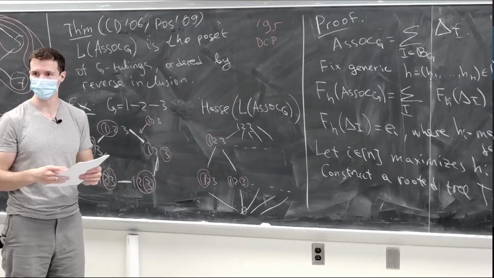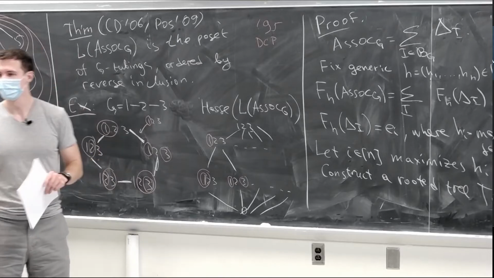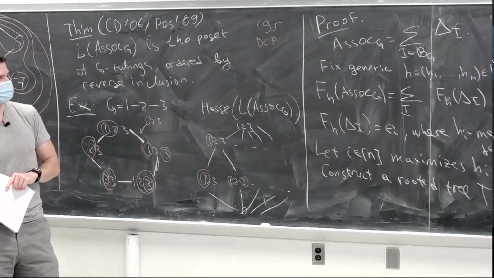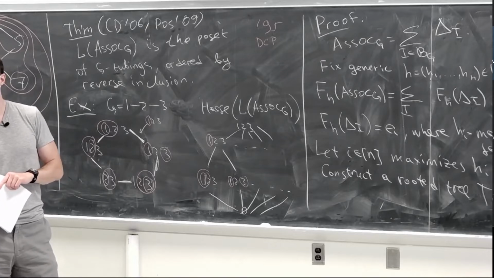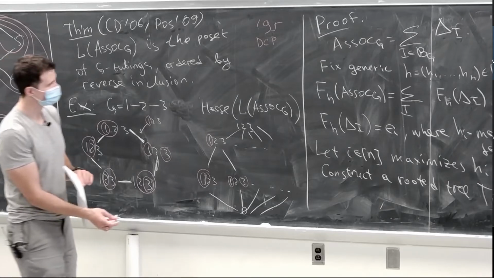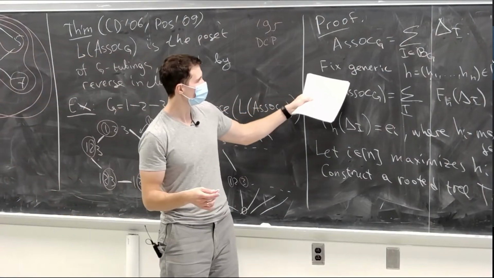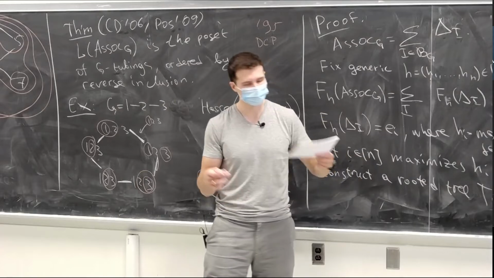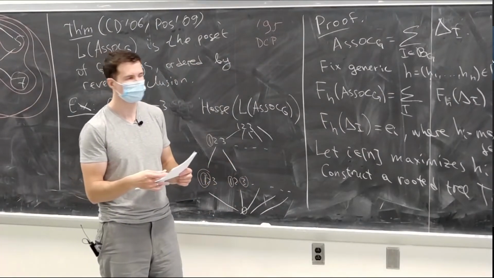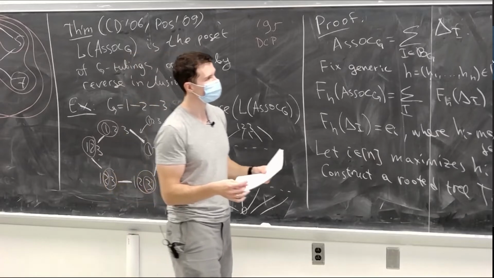Any other questions? Yeah. Right. So yeah, of course, you're right. In general, after I have picked a generic H, I then have to tell you what happens if H is not generic.